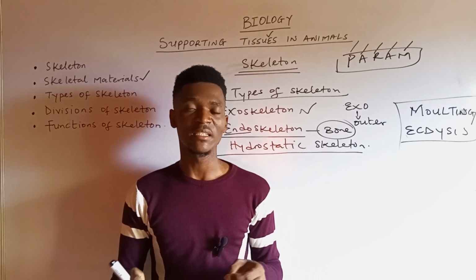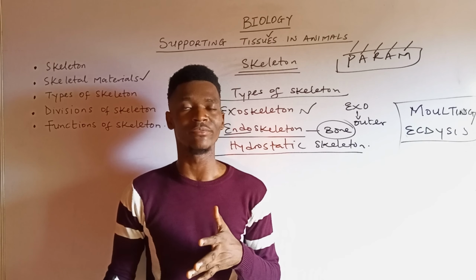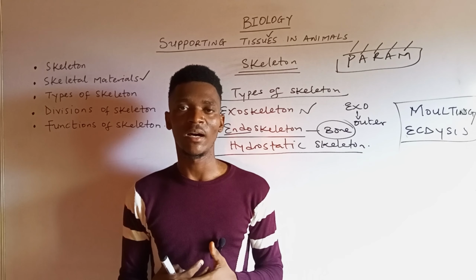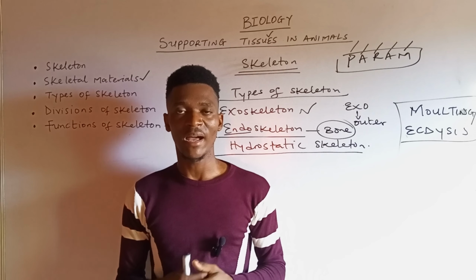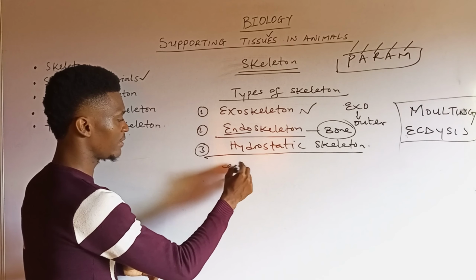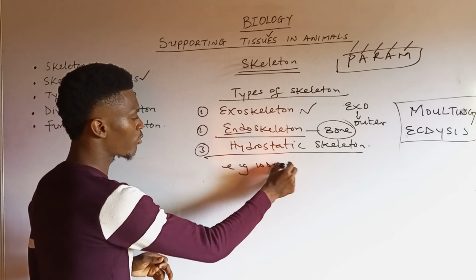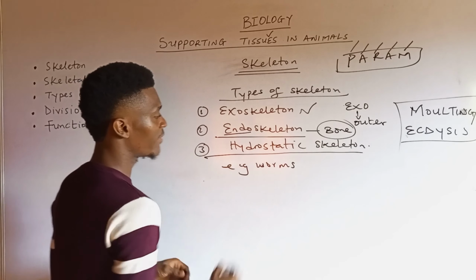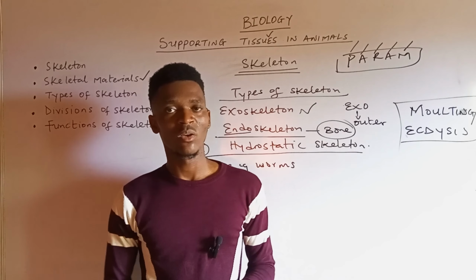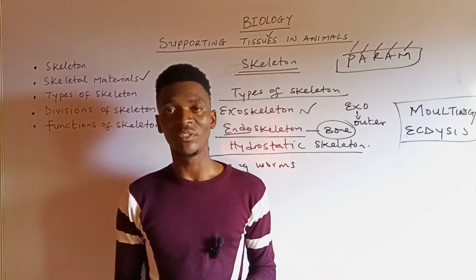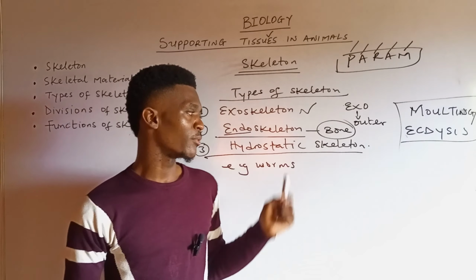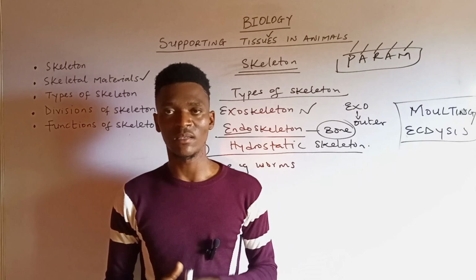In fact, it is the exertion of the fluid pressure on their body walls that brings about movement for them. Classical examples of organisms that possess hydrostatic skeleton include the worms. When we talk about worms, we are referring to the earthworm, the ascaris, the hookworm, the threadworm, worms exclusively. They possess what? They possess hydrostatic skeleton.